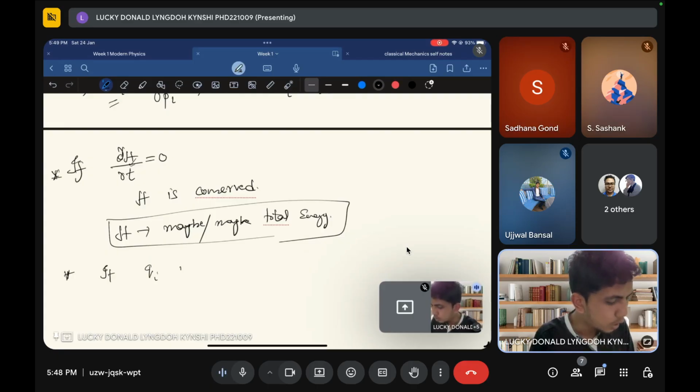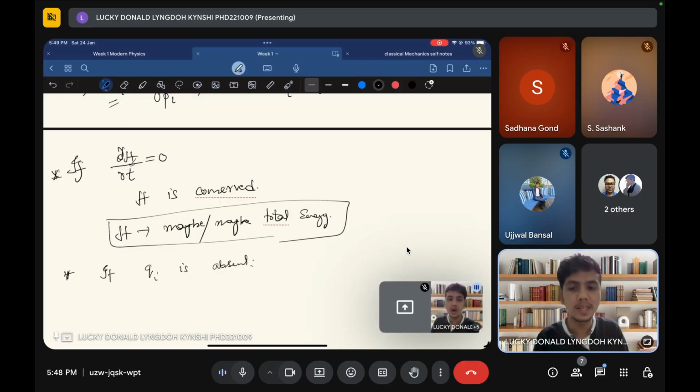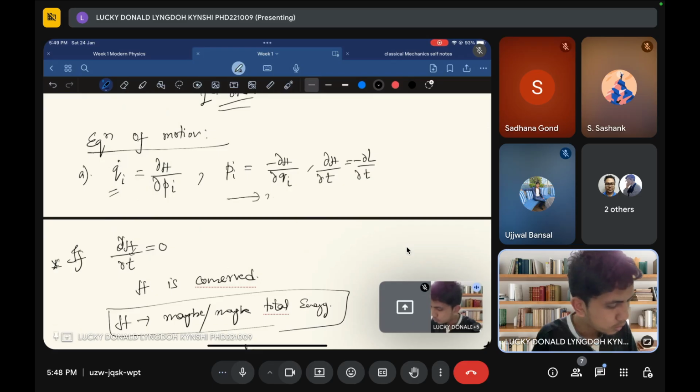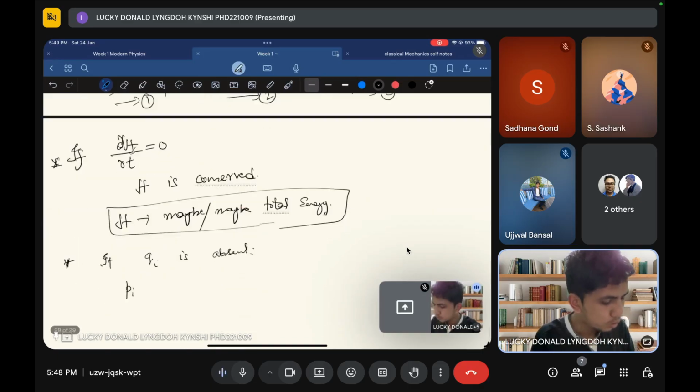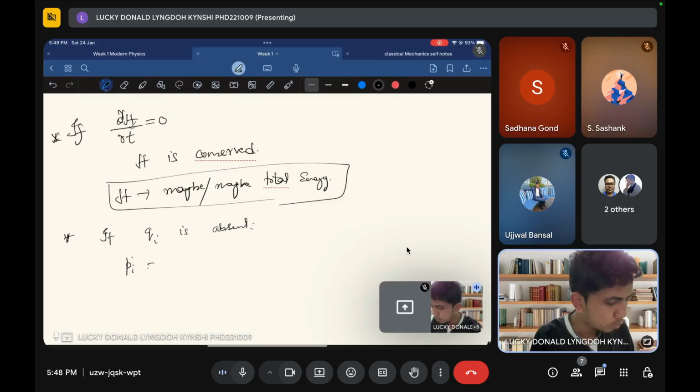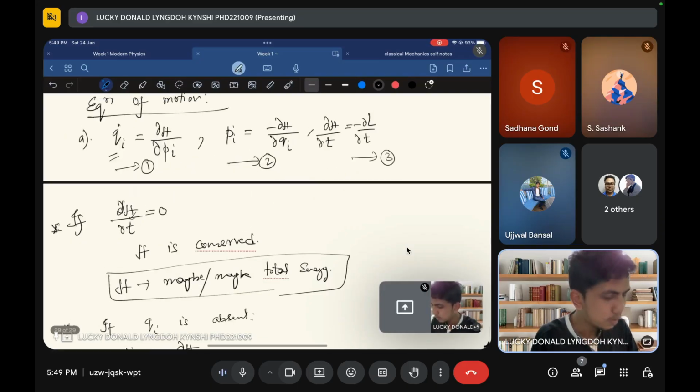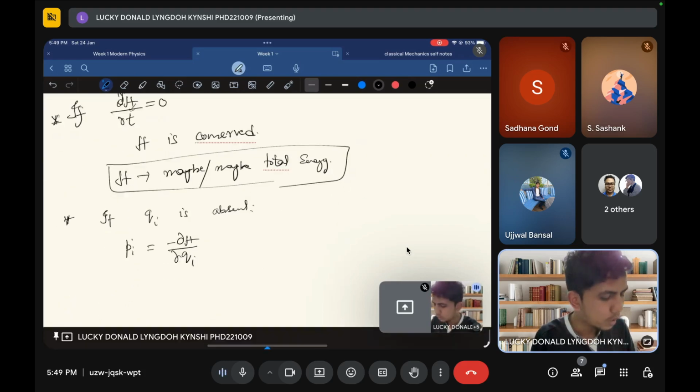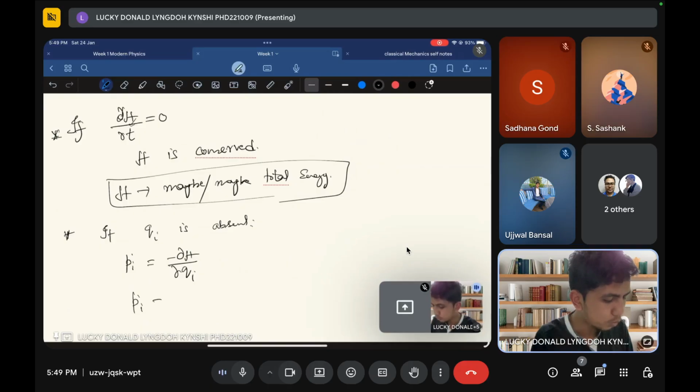And the second thing is if a coordinate Qi is absent. This is also one important thing that usually comes in the problem. If Qi is absent, what happens? Let's say this is equation 1, equation 2, and equation 3. Equation 2 is Pi dot is equal to minus of del H by del Qi. So if Qi is absent, then automatically Pi dot will be equal to 0. If Pi dot equal to 0, that means d of Pi by dt equal to 0.